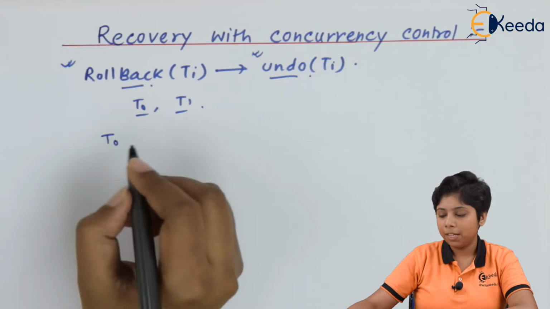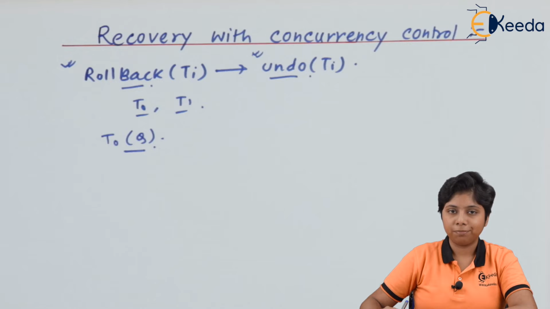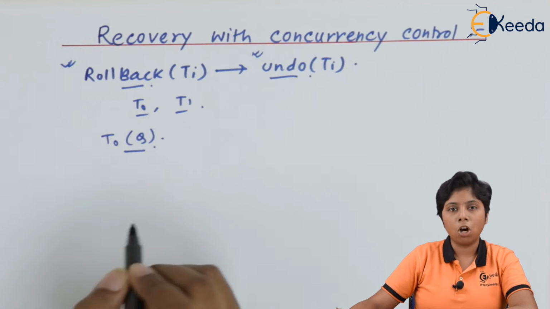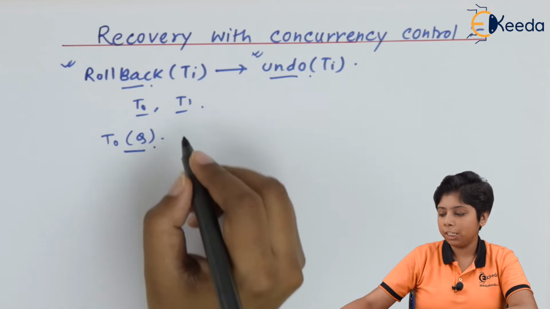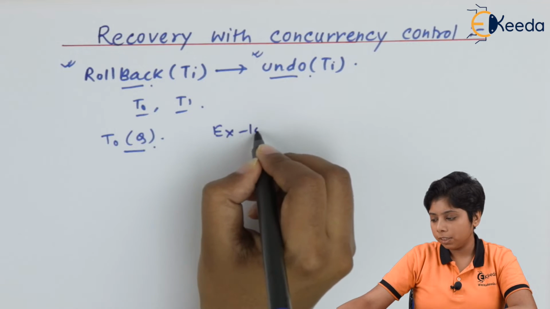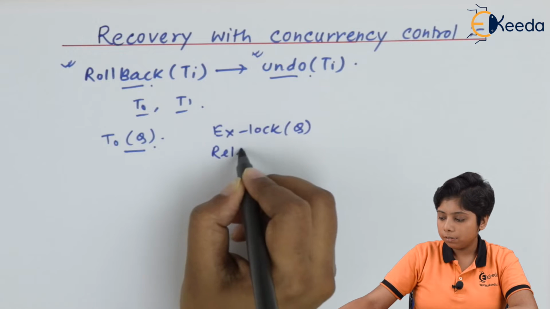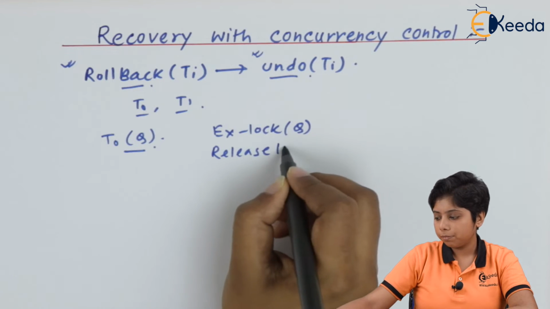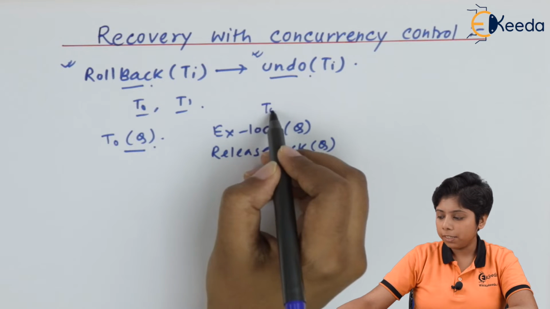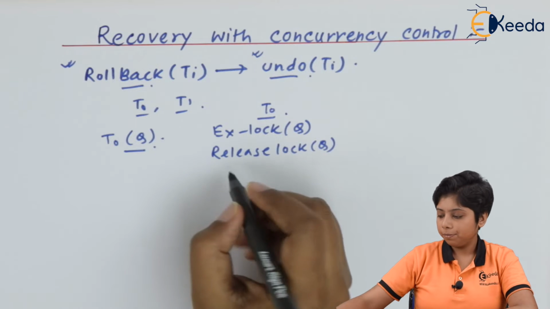T0 first takes an exclusive lock on Q, and after the modification it releases the lock on Q. This is done by T0. After that, T0 is aborted.